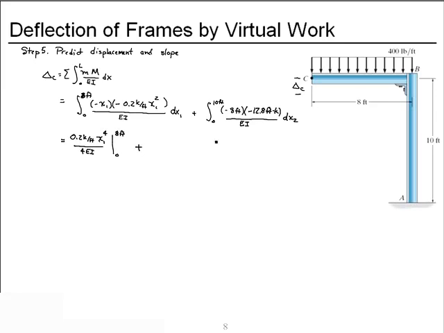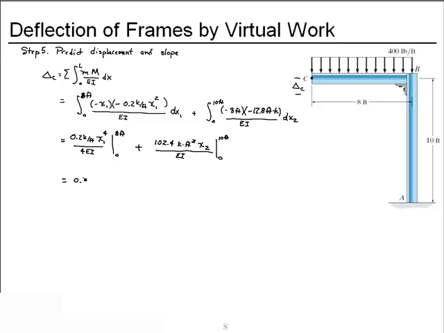I'll add to it, again the negatives will cancel, the two constants multiply together to be 102.4 kip feet squared. I integrate a constant and I get x2. The power on x2 is 1, so it's just divided by 1 EI. And we'll integrate from 0 to 10 feet.